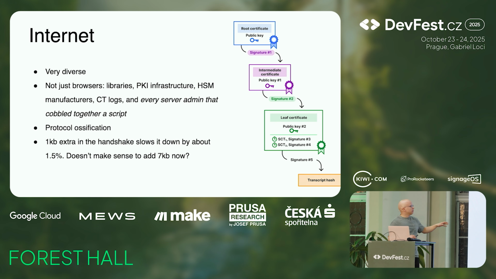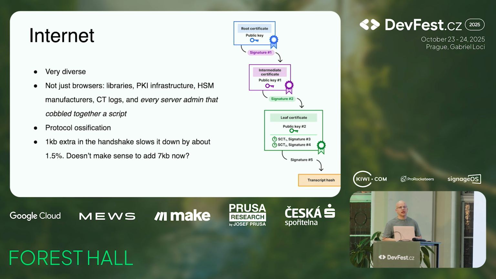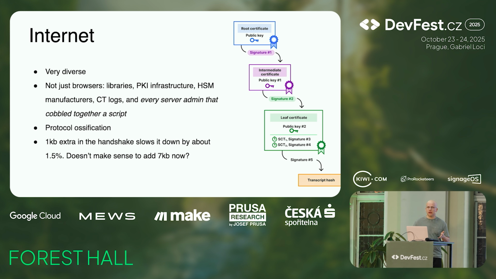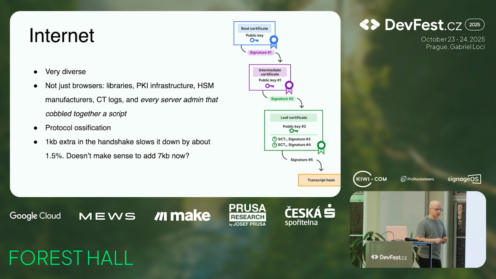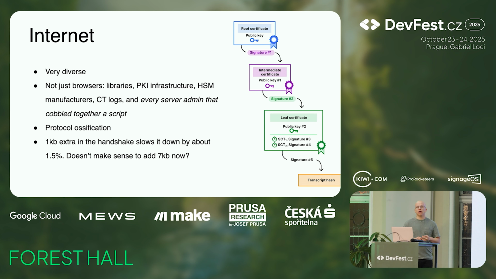There is also this term protocol ossification. I'm not sure if you're familiar with that. It basically says that you have protocols that are designed in some way. So, for example, HTTPS or the underlying TLS might say the handshake can have at maximum 10 kilobytes. I'm making that up, okay, just to illustrate. Let's say the specification says it can have at most 10 kilobytes, but so far it was only 1 kilobyte, so no one really cared.